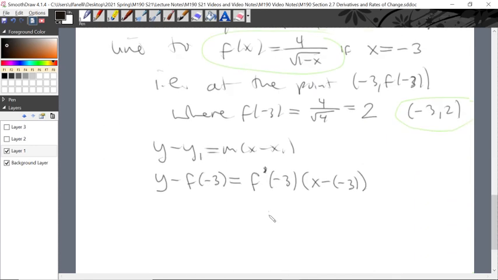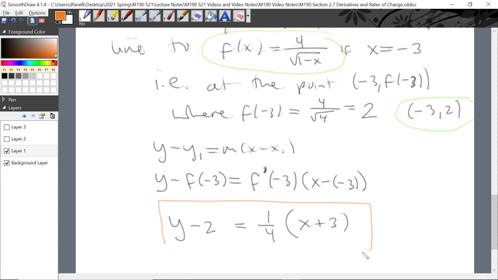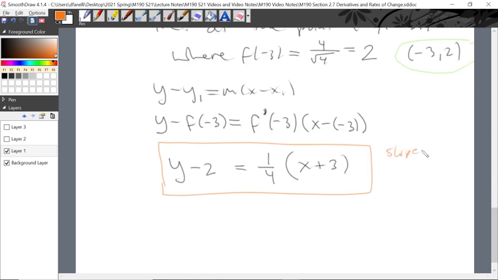Okay, so 1/4. F of negative 3, we evaluated up here, that was equal to 2. So y minus 2 equals 1/4 times x minus negative 3, that gives us x plus 3. This is, therefore, an equation of the tangent line. Okay, it has a slope equal to 1/4, and it goes through the point negative 3, 2, and that point is on the line and on the curve, right?